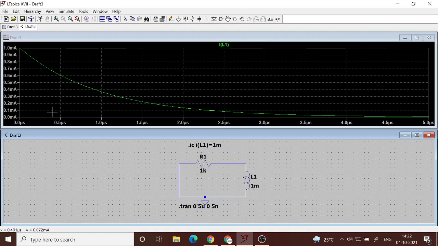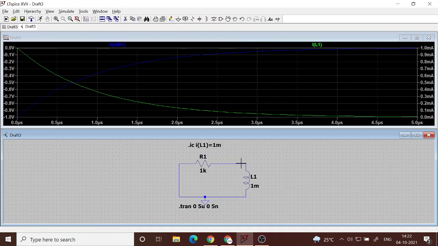Okay, for the given circuit there is a time constant involved if it is a first order circuit, and then you plot the waveforms, current or voltage, up to that amount of time. And now if I plot the voltage, as you can see that the voltage is the blue diagram, and it goes to 0.